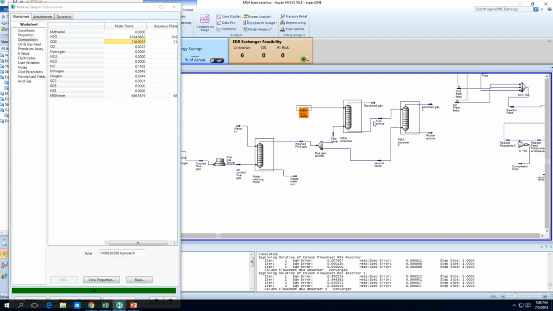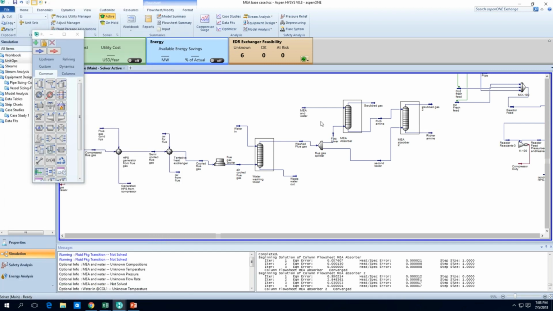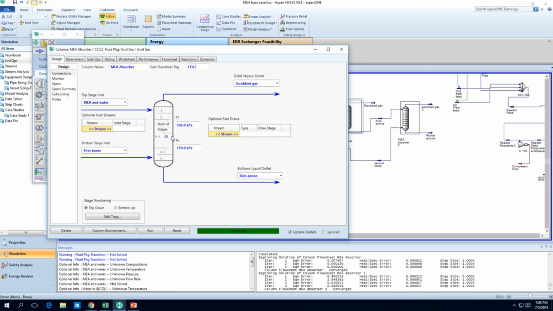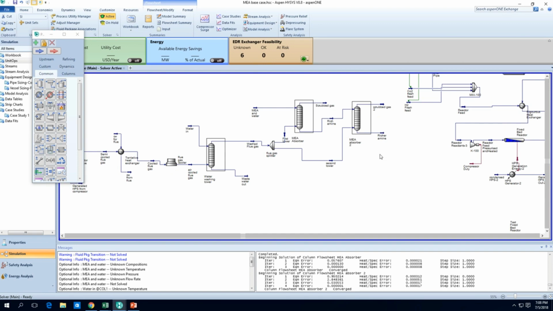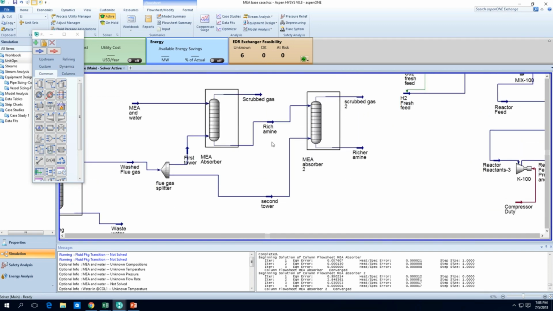So it looks like we'll have to do something else. Either we have a third tower or increase the number of stages per tower. I'm just going to get one more tower. And probably we'll need to install some pumps here because there's pressure drop we haven't accounted for.